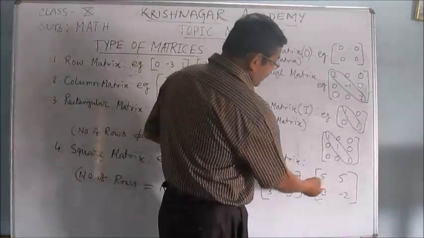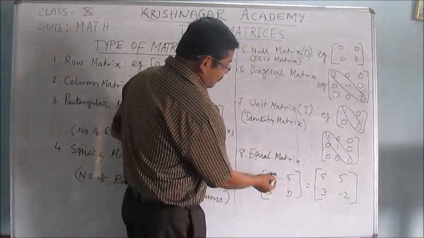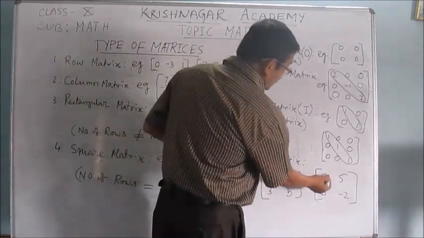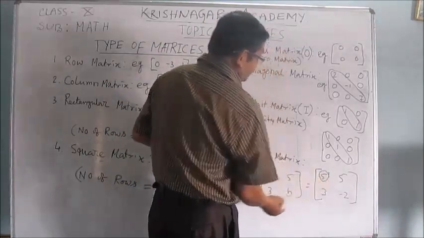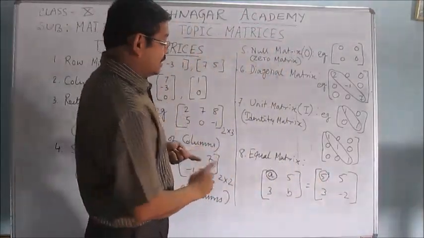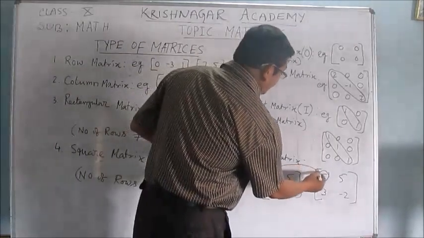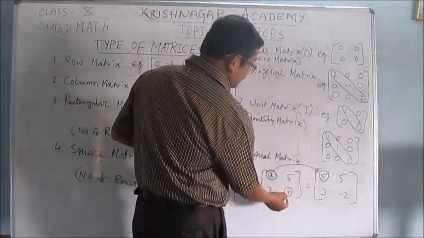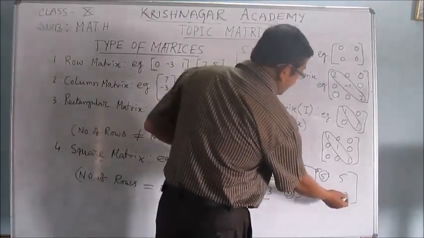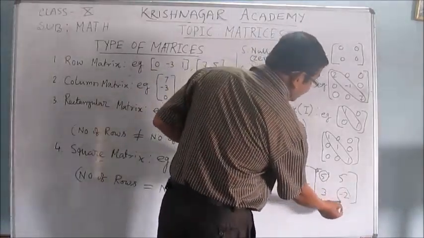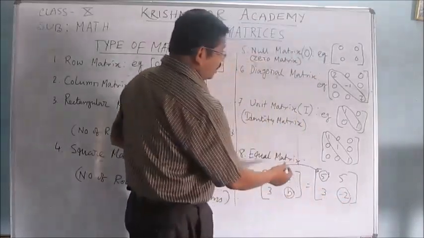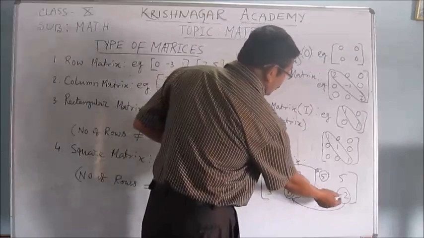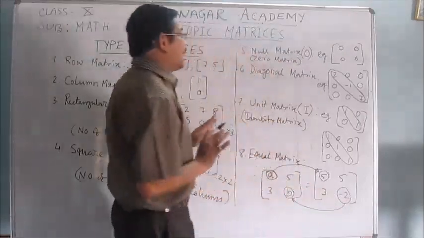If I compare both sides, you see the first row, first column element is A here, and here the first row, first column element is 5. So by the condition of equal matrices, A should be 5. And another element, the second row, second column element on this side is B, and on this side the second row, second column is -2. So by the condition of equal matrices, these two will be equal. That means B is also -2. So these are the types of matrices.